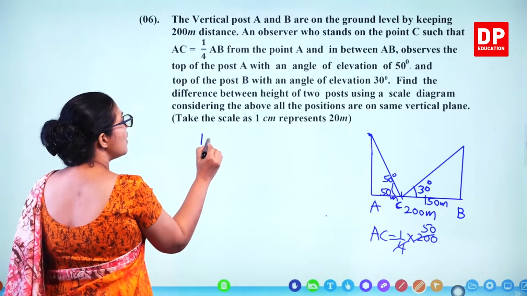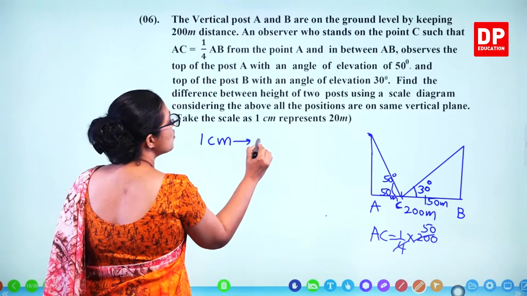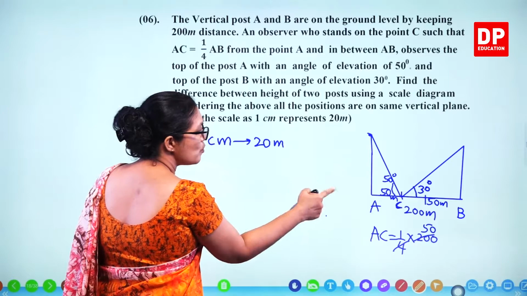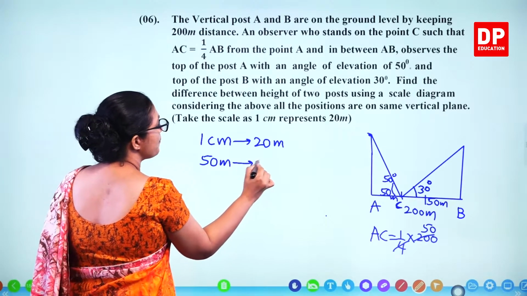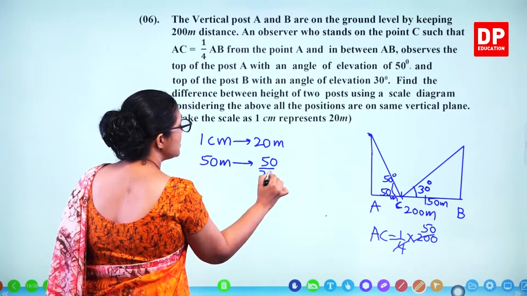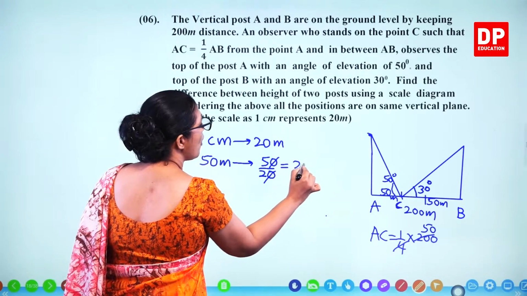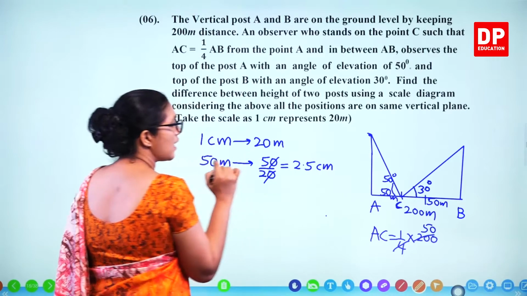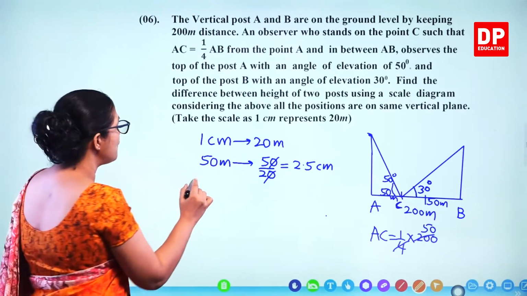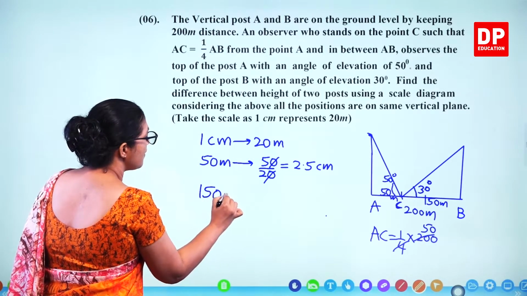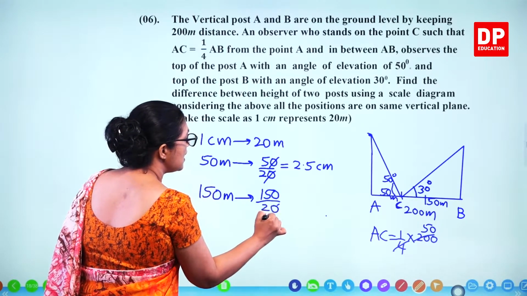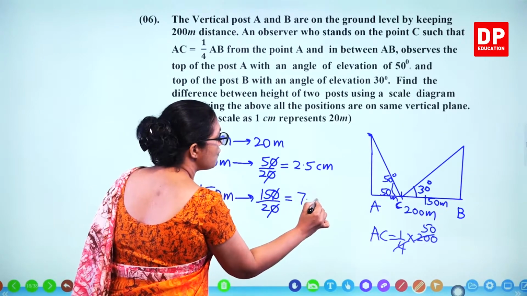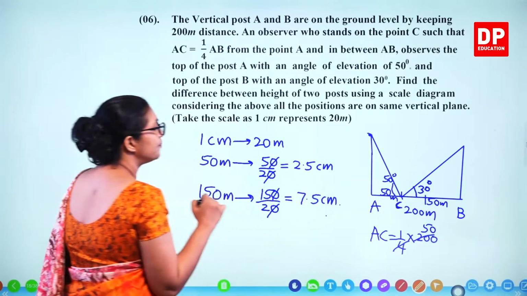What's the scale? 1 centimeter to 20 meters. So that means you need 50 meters. So what does 50 meters mean? 50 divided by 20, 2.5 centimeters you have to take. Then what about 150? 150 meters means 150 divided by 20, you get 7.5 centimeter length.